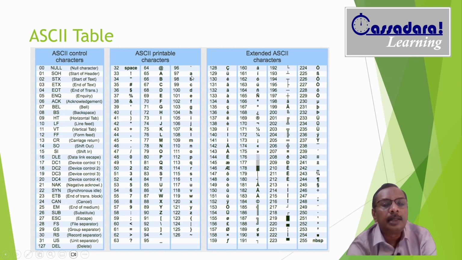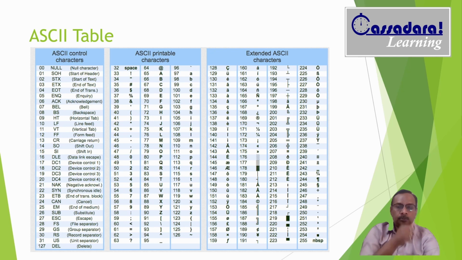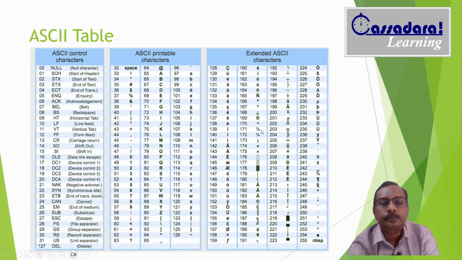Then at 97 the lowercase starts, and then some special characters. So totally we have 255 characters in the ASCII table.